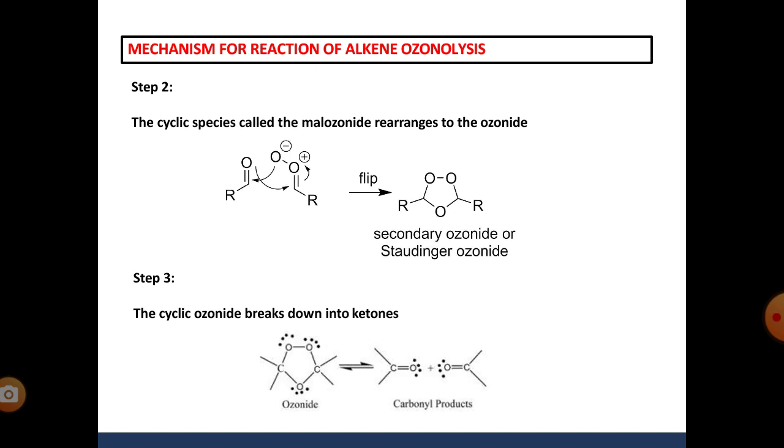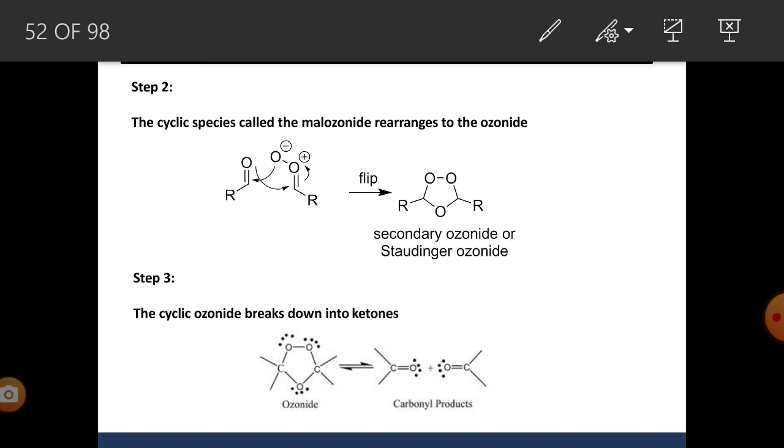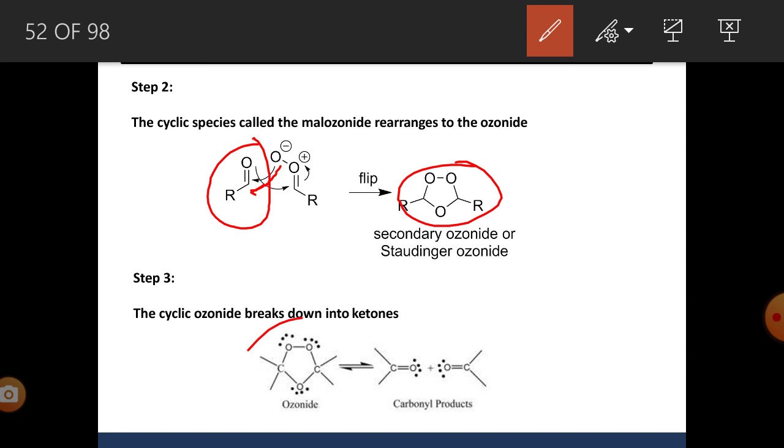In step number 2, again this carbonyl carbon is electron deficient, on which the electron rich oxygen attacks and it converts into a ring-like structure. Again this structure breaks down and carbonyl products are formed. So again we can synthesize ketone from ozone and alkene.